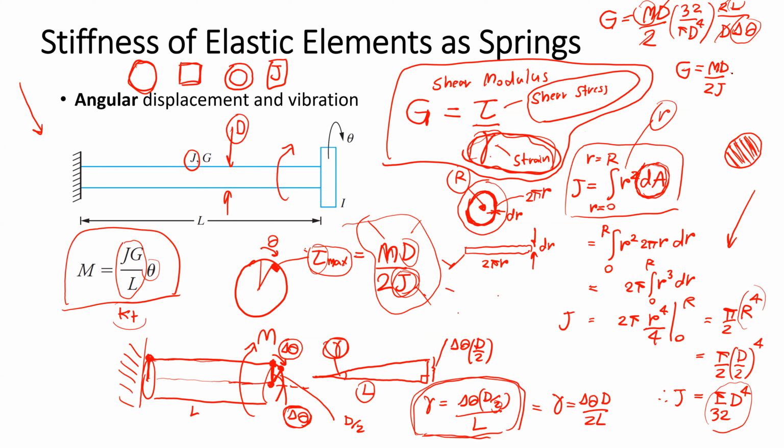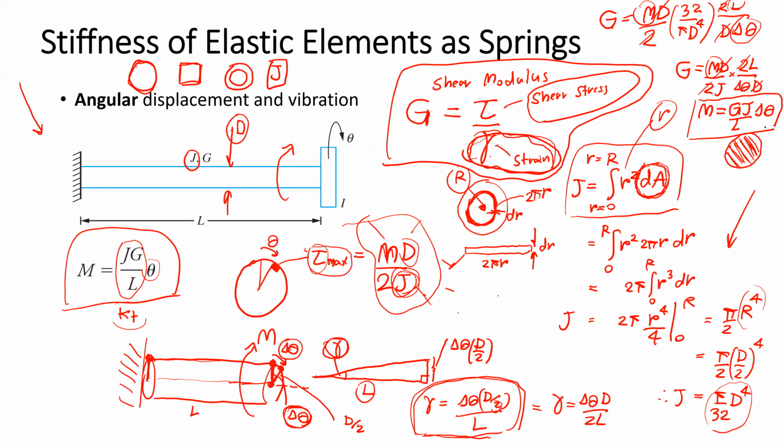So dividing by the strain means multiplying by 2L per delta theta D. So 2 will cancel and D will cancel. Finally, we can write the moment equal to G multiplied by J and divided by L, delta theta.